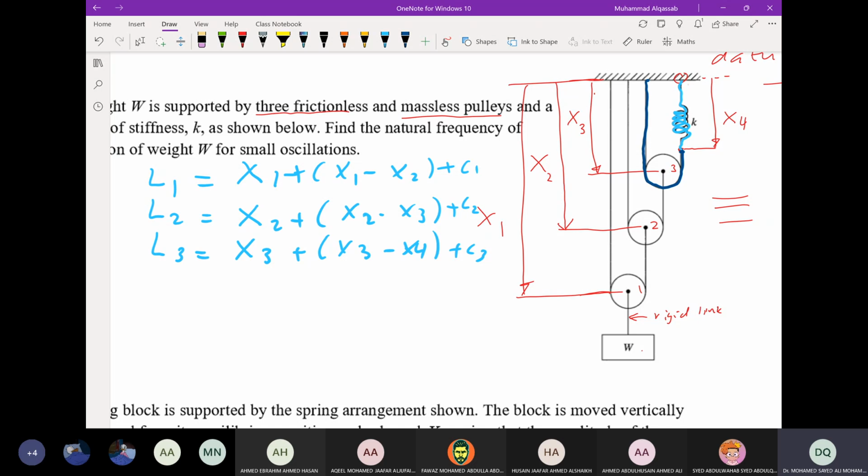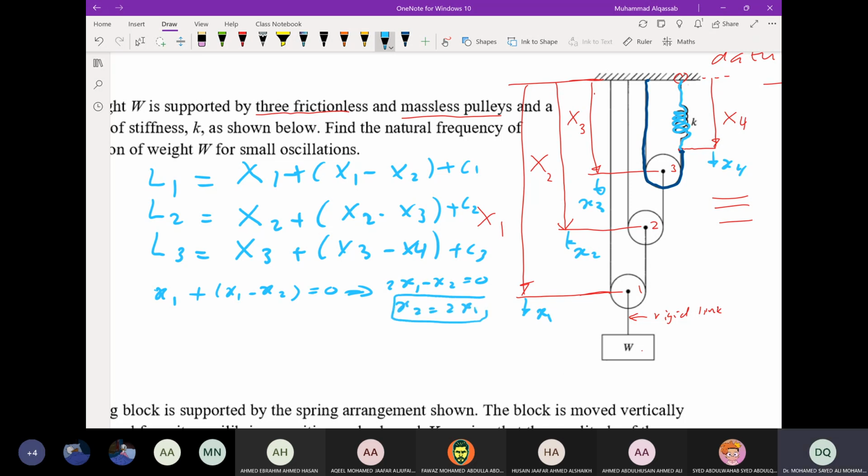Now the change in length is what I need. What is the change in length? I need x1, x2, x3, and x4. So for the equations, delta L1 will be 0. It means that x1 plus x1 minus x2 equals 0, which means that 2x1 minus x2 equals 0, or x2 equals 2x1.